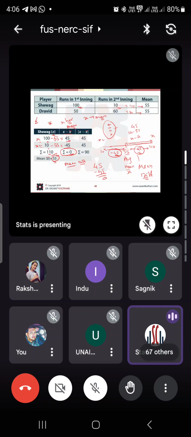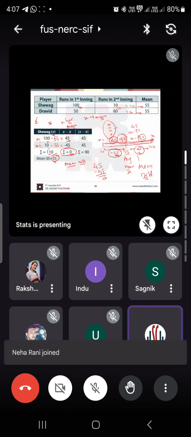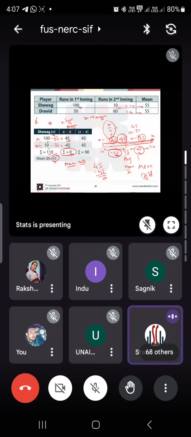But if you see from here to here, it is 90. The distance. If you consider just the numbers, 45 you have here and 45 you have here, and when you add that, you will get 90. In order to get that number, we need to take the absolute value.